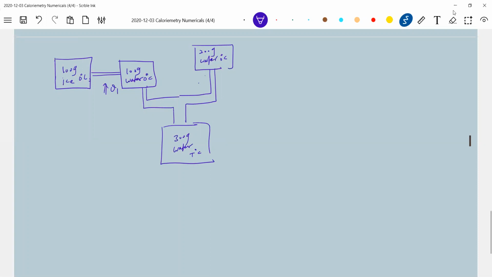For this we need heat, that is Q2. So from where should this Q1, Q2 come? The steam, first 50 grams of steam at 100 degrees Celsius, what will it become?